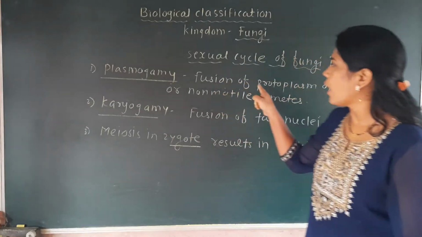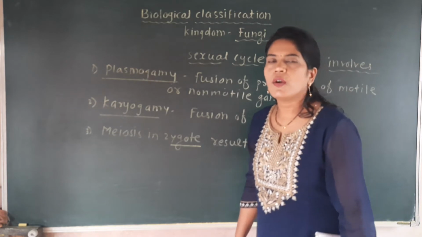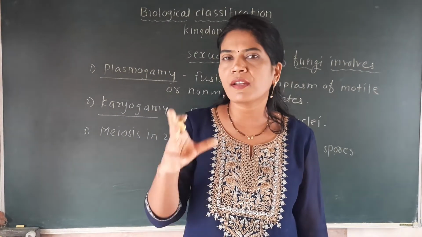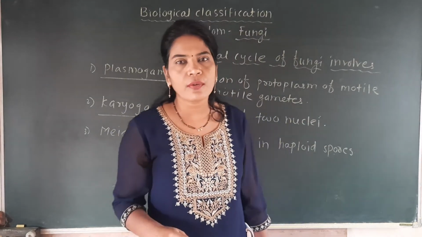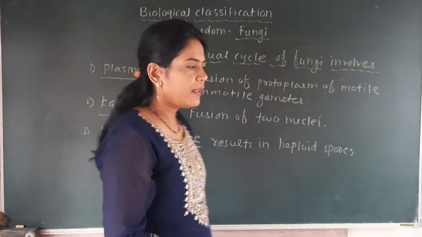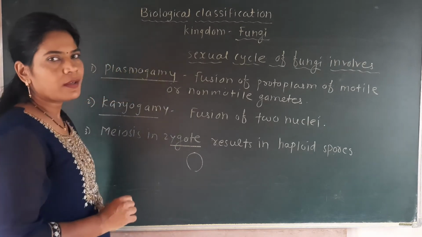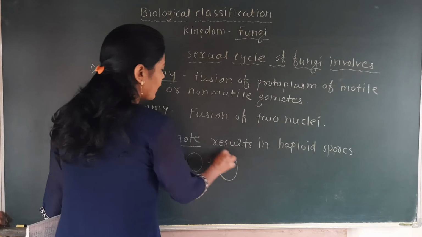The fusion of the protoplasm of two motile or non-motile gametes, because gametes are of two types. Some are motile which can move, that is called as motile gametes. Some are non-motile gametes which cannot move. So if it is one gamete, maybe motile or non-motile, it is the male gamete and it is the female gamete.